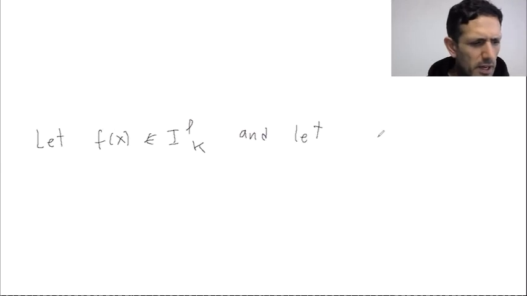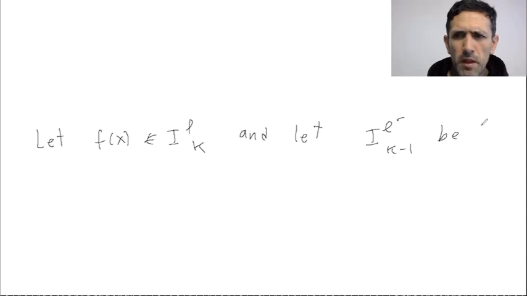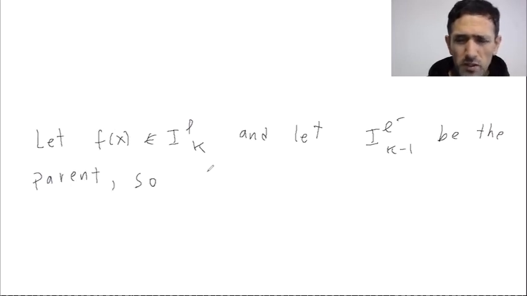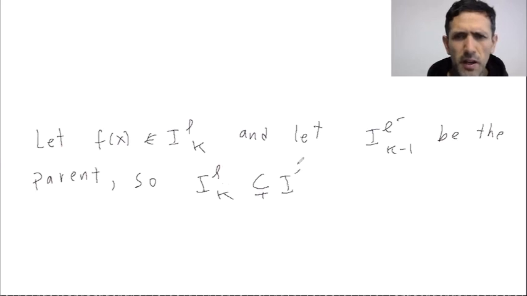And let's say, I don't know what to call it, but I_L'^(k minus 1), let's say this is the parent. Okay, so this means that, obviously, because it's a parent, I_L^k is a strict subset of I_L'^(k minus 1).